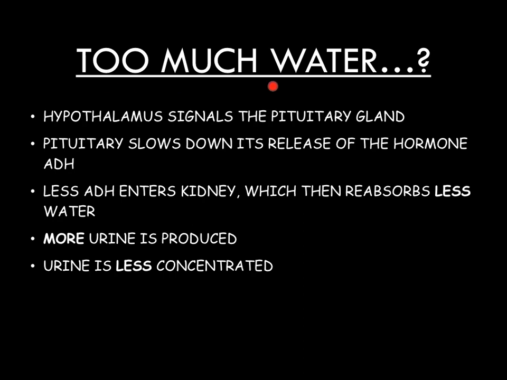When there is too much water, the hypothalamus again will signal the pituitary gland, and the pituitary gland will slow down its release of the hormone. It will release less ADH. Less ADH therefore enters the kidney, which then reabsorbs less water. This means that we produce more urine as less water is being reabsorbed, and therefore it is less concentrated urine as well.